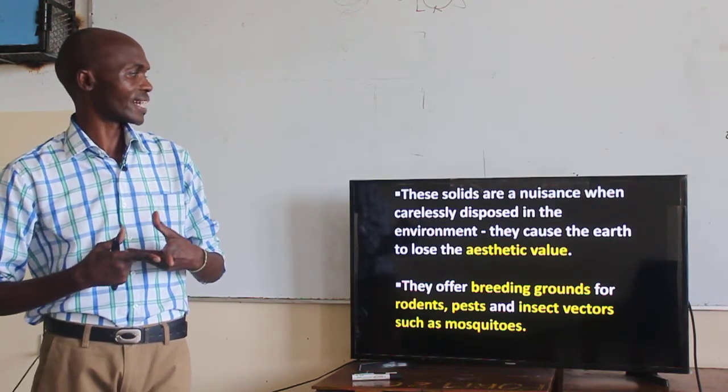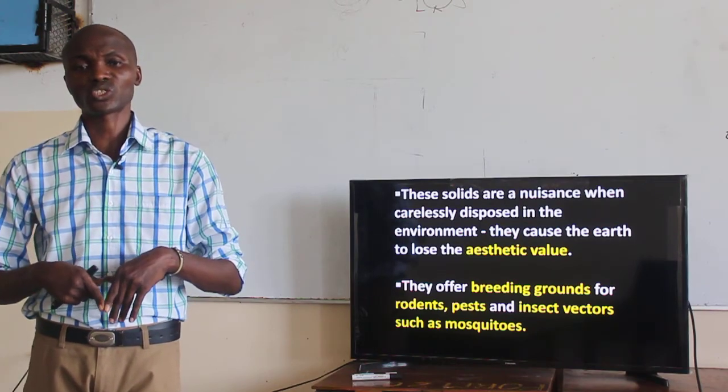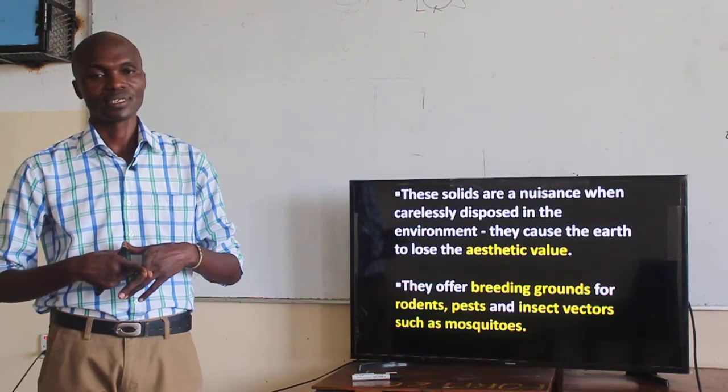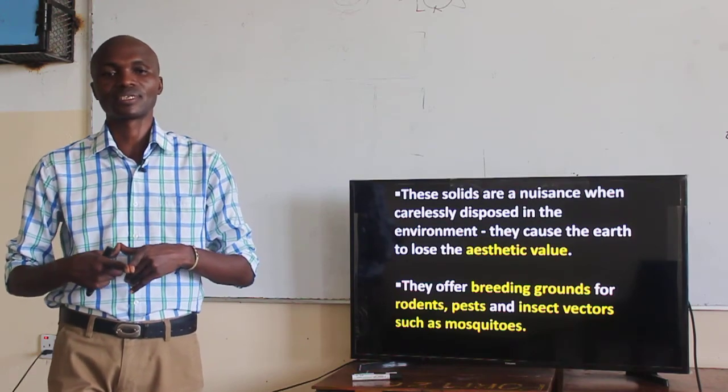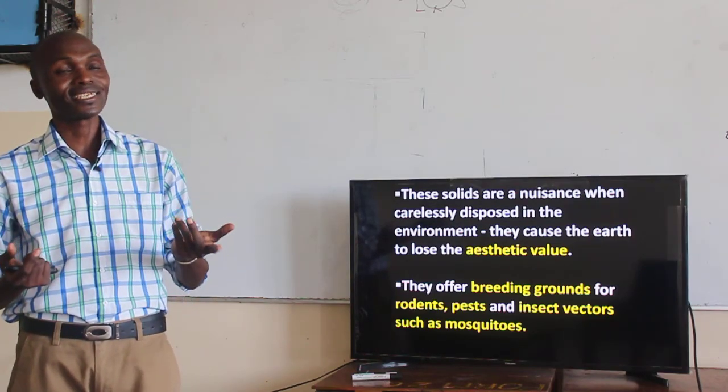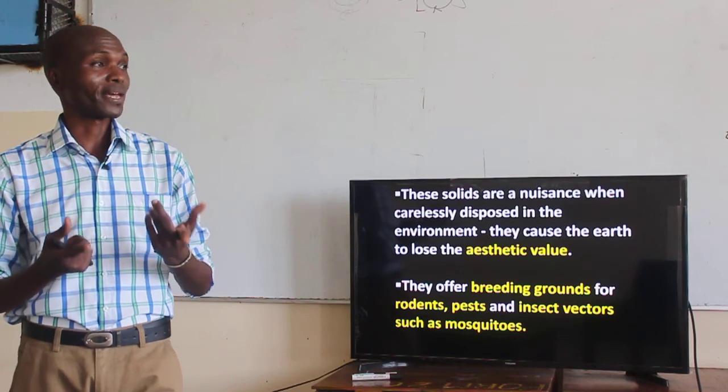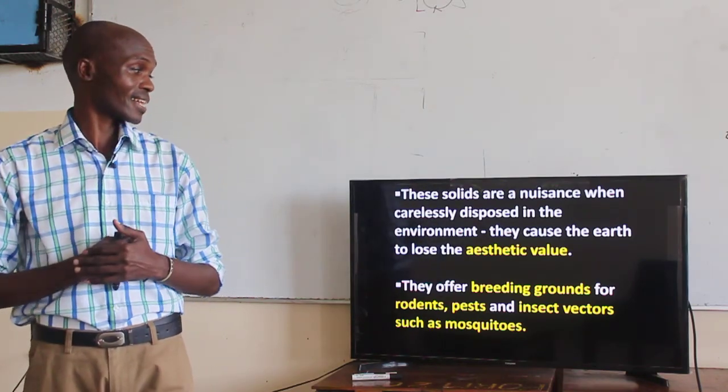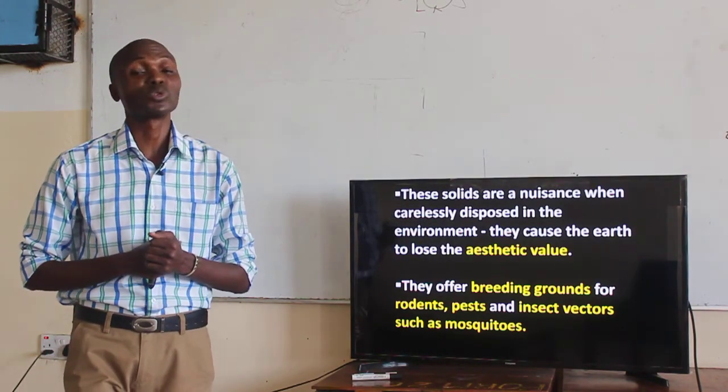This waste, if carelessly disposed of, will also offer breeding grounds for rodents like mice and rats, okay, other pests, and definitely other insect vectors such as mosquitoes.